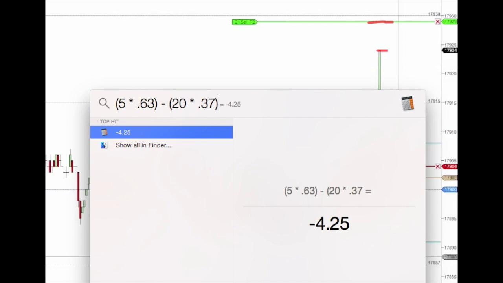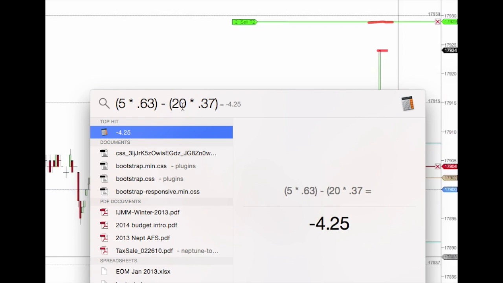All right, so I can't take that trade, because if I keep on taking trades like that, for each trade like this I take, I'm losing 4.25 points over time. In other words, you're bleeding money. So that's the mathematical explanation for why I can't take that trade.